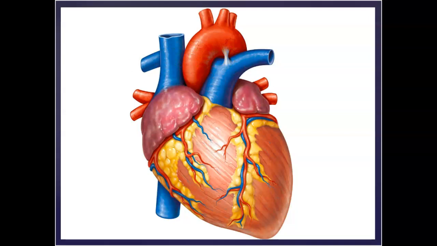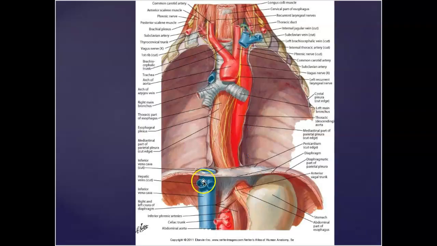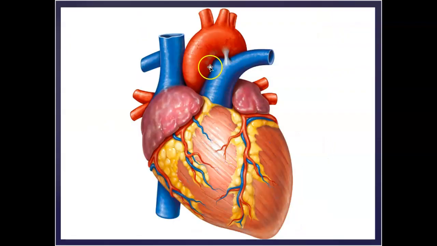You should still be able to see within the body, within the cavity here, the brachiocephalic trunk splitting into the right and left pulmonary arteries. Well, that's not a great shot of it here. You should be able to still see the trunk splitting into the left and right pulmonary arteries. You should be able to see the inferior vena cava.